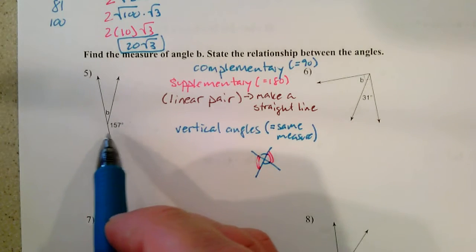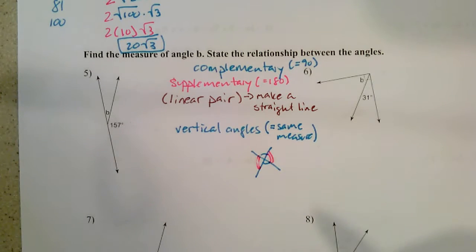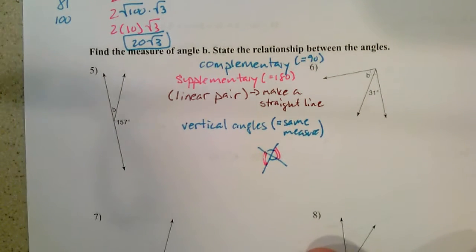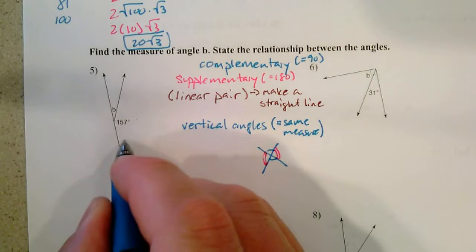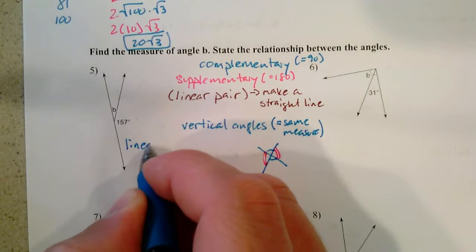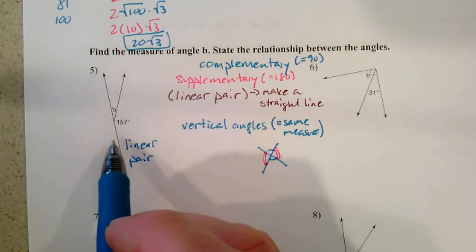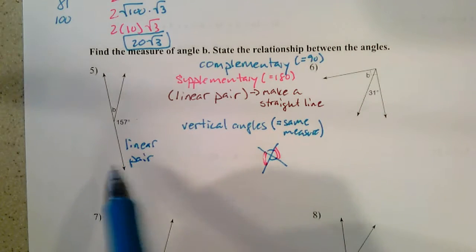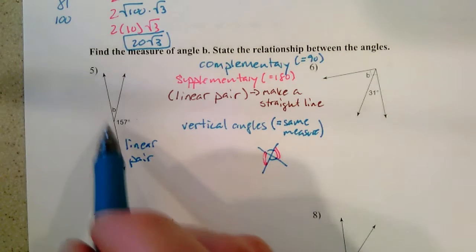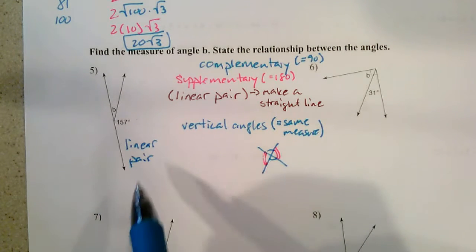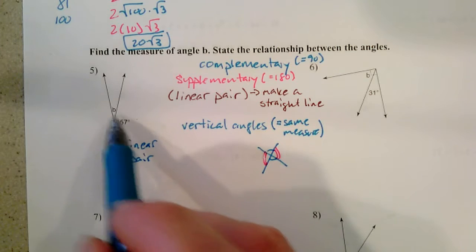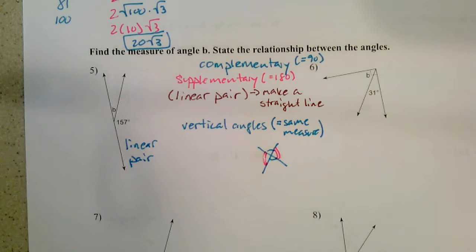So let's take a look at a couple of them here. Notice how angle B and 157 make a straight line, so they are a linear pair. And linear pairs add up to 180 degrees because they make a straight line, and the straight line is 180 degrees. So whatever B is, you add it to 157 to get 180.